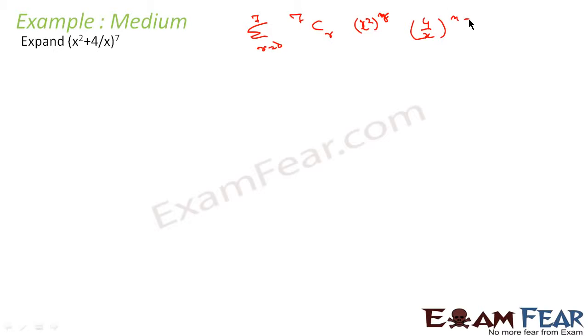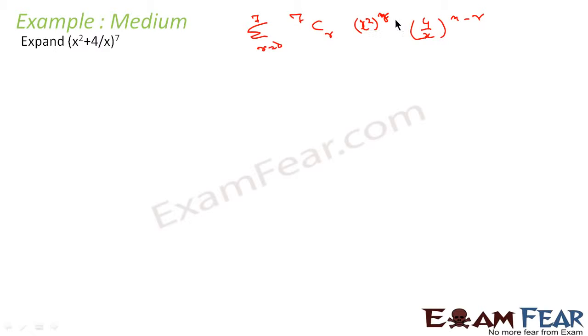Let's take one example that is a little difficult. We have to expand (x squared + 4/x) to the power 7. We can say this is nothing but the sum over r from 0 to 7, because n is equal to 7, of 7Cr times (x squared) to the power r into (4/x) to the power n minus r.